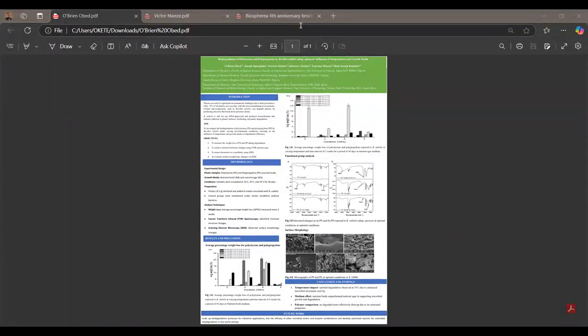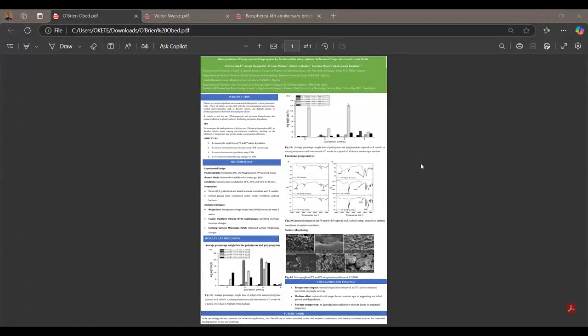Sorry, I think the temperature figures are a bit low, so you guys can't see it. But at 35 degrees, the highest weight loss of polystyrene was observed, which is around the 8th week at 56 days.